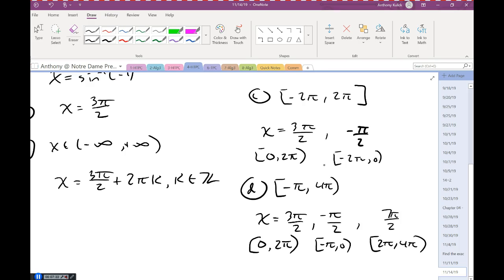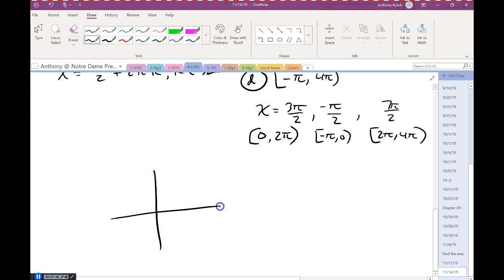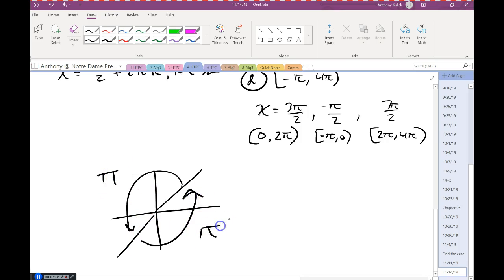Well, you're always adding 2 pi. It's just in some of the situations, you could combine some of those answers. If you have 2 answers that are like something plus 2 pi and something else plus 2 pi, but the distance between those is only pi units, you can combine those 2 answers and just write one answer plus pi. So, for example, the distance here is pi, and the distance there is pi.